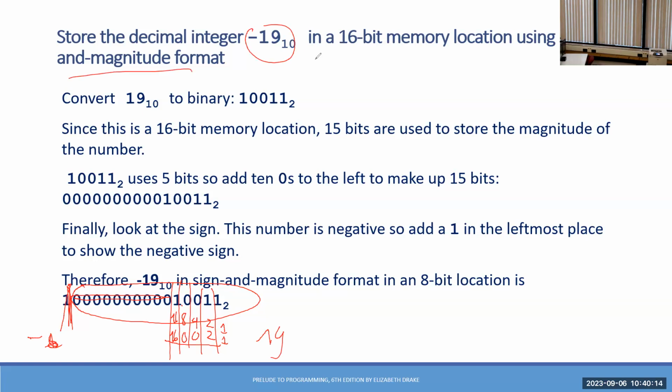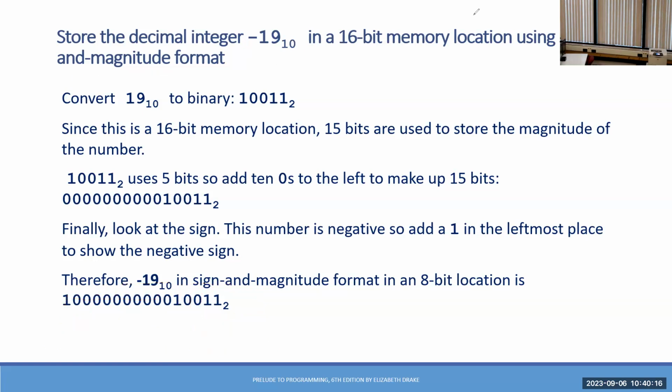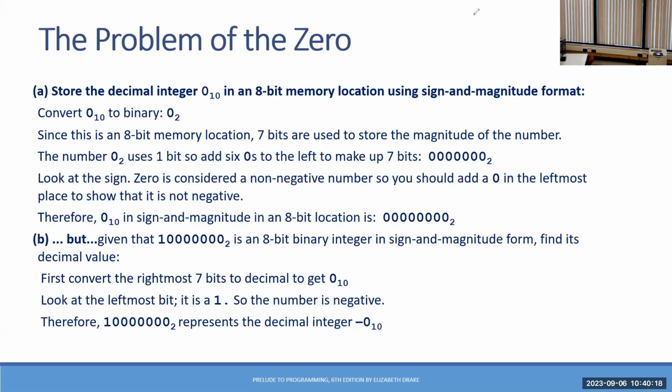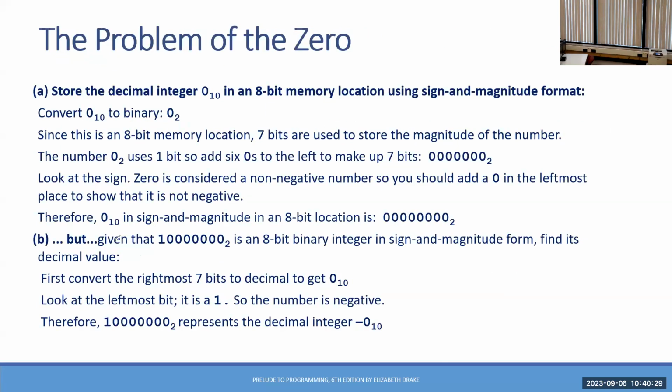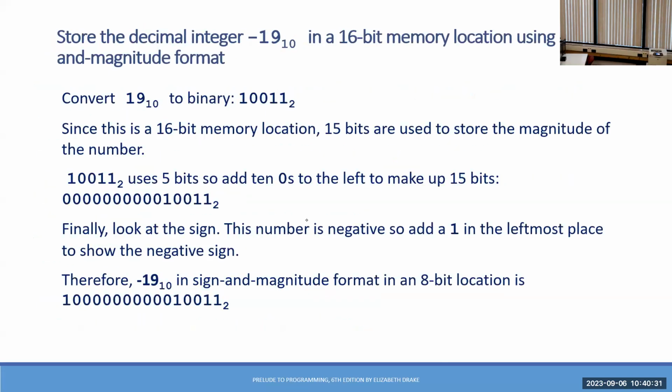Okay, now. What is the problem with this one? It's the sign magnitude. You have a huge problem with the sign magnitude because you have 2 ways to represent the number 0. Now tell me what's this one. If I have the number here in the 8-bit memory 0, 0, 0, 0, 0, 0, 0, 0, what is the value of this one in the decimal? 0.